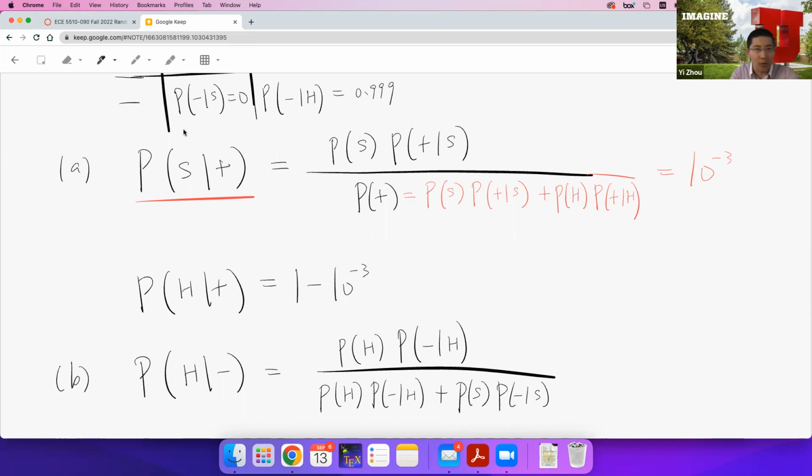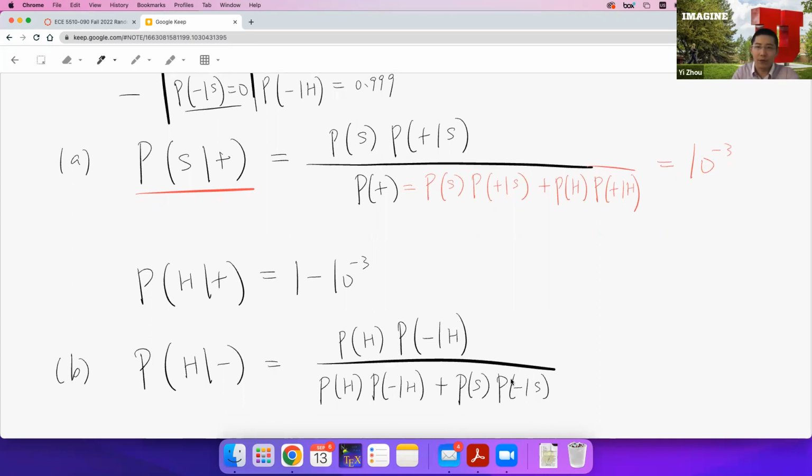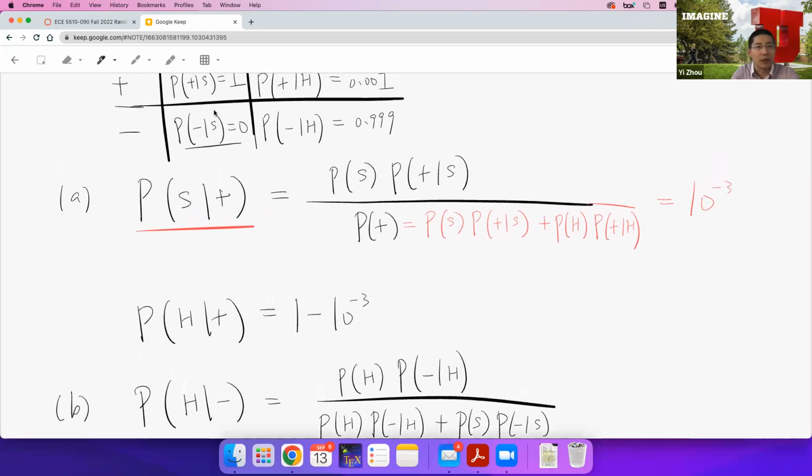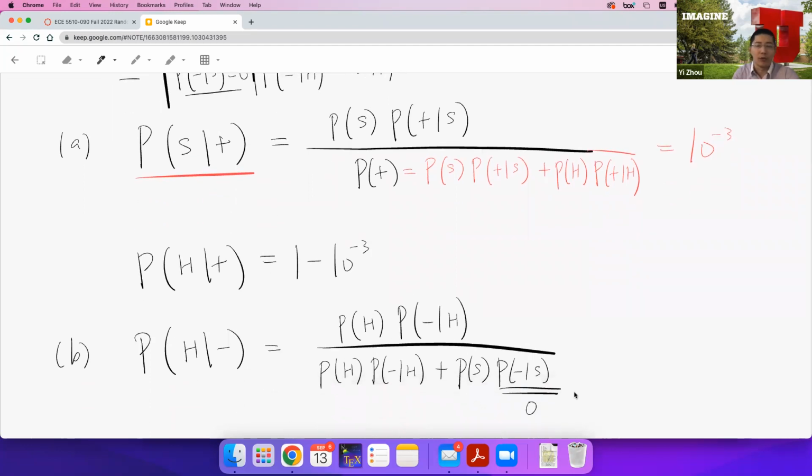But in the table, this one is given as 0. So if somebody is sick, he or she will have 0 probability of getting a negative test result. Because this one is 0, this entire term is 0. So you can see these two terms cancel, and we get probability 1.